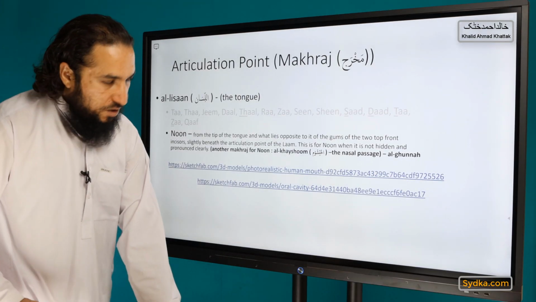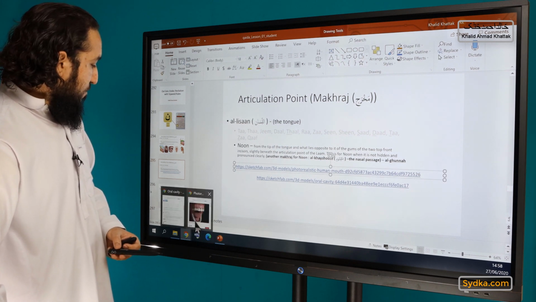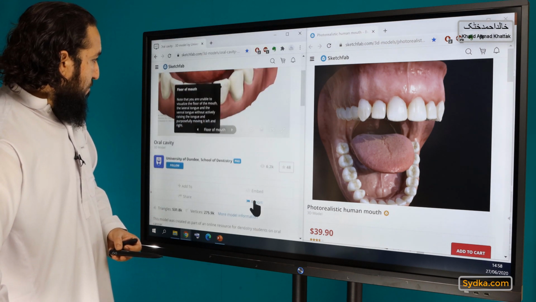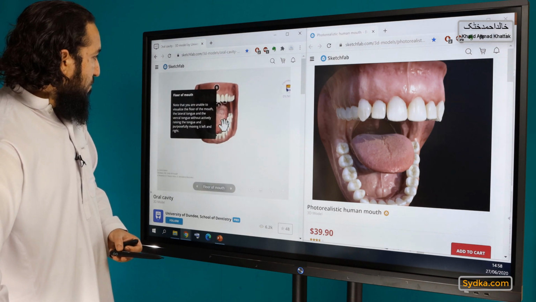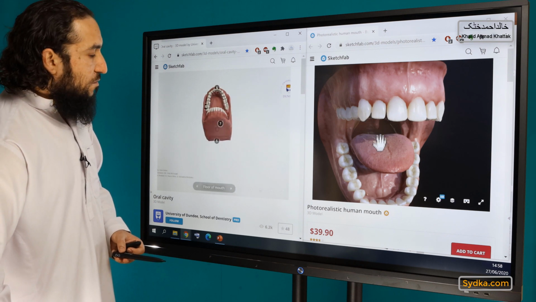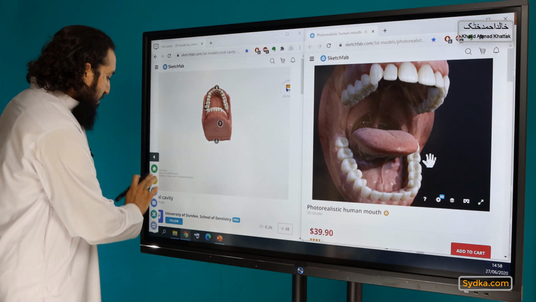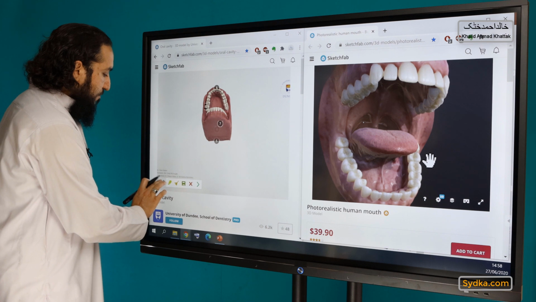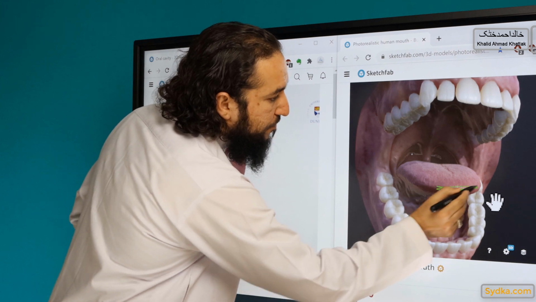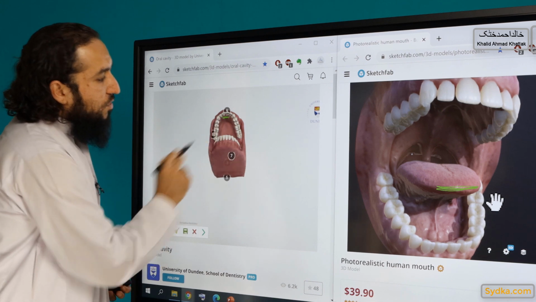Let me explain that with the 3D model. We use the tip of the tongue, that's the one point, and that's the gum line of the top two incisors.